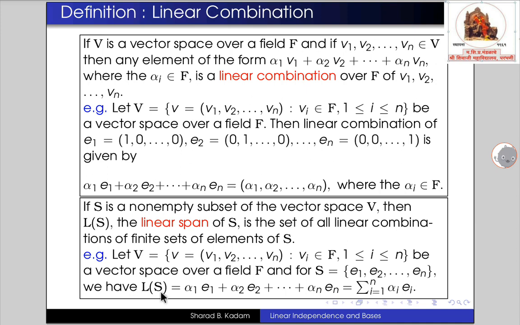Then the linear span of S will be alpha 1 E1 plus alpha 2 E2 plus so on plus alpha n En. That is nothing but the summation of alpha i into Ei, where i is running from 1 to n.